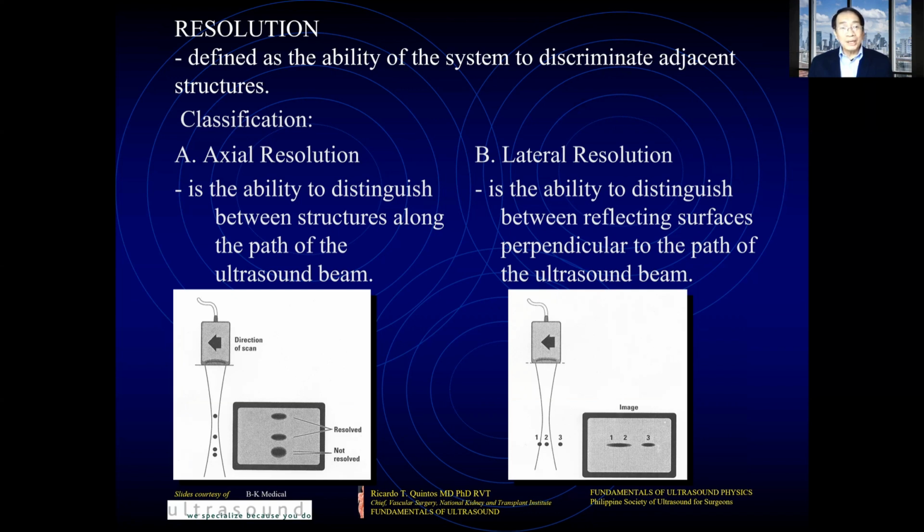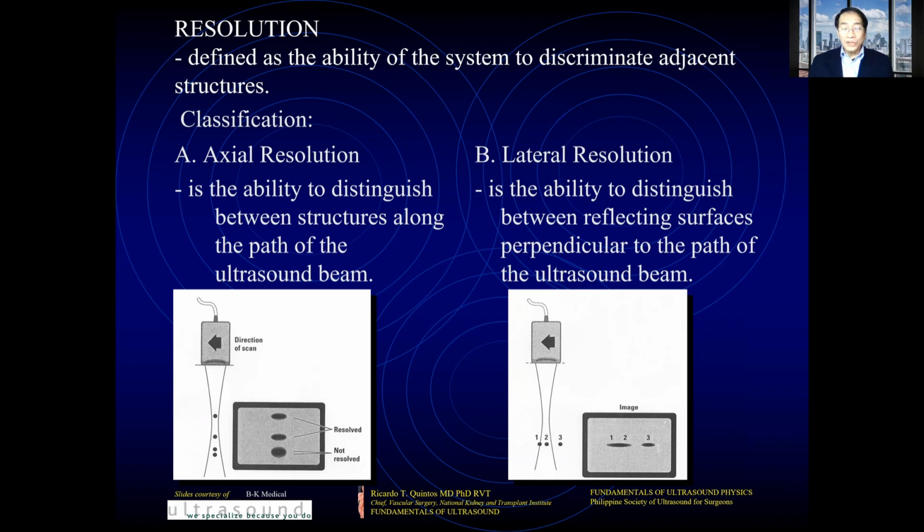So resolution is just defined as the ability of the system to discriminate or differentiate adjacent points or adjacent structures. If you have good resolution, then you're able to resolve two different structures.